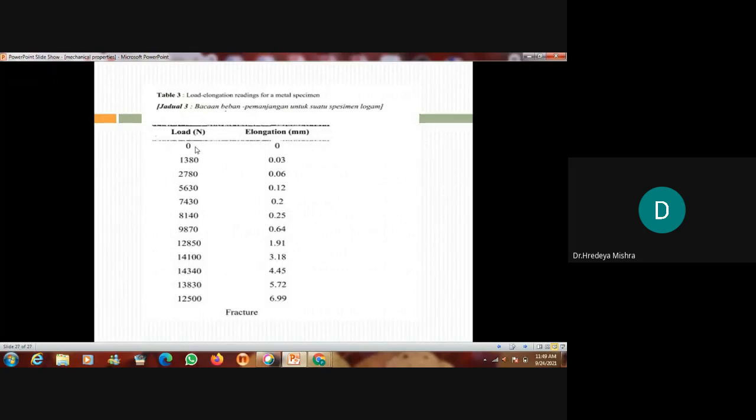Initially the load is 0, then elongation is 0, which means we don't apply the load, so there is no elongation, no strain, no deformation. Now the load is 1380, the elongation 0.03 mm.